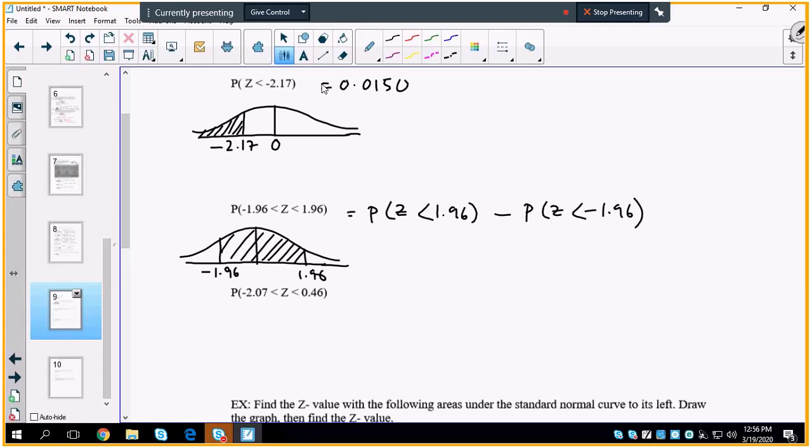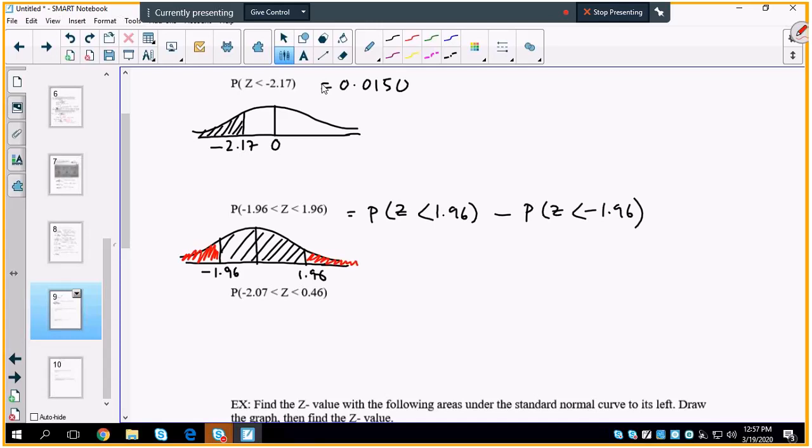We talked about it. What else can I do? I can just find the area to the left of negative 1.96. Find this red region. That's directly coming from the table. Remember, the graph is symmetric. So this area and the area to the right of 1.96 are the same.